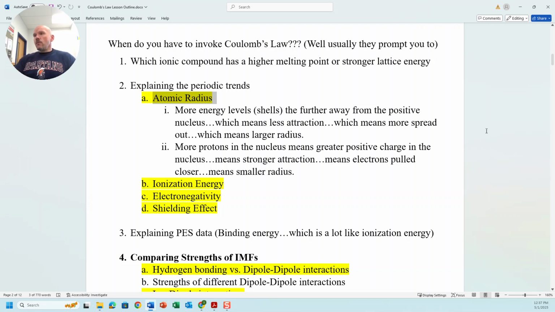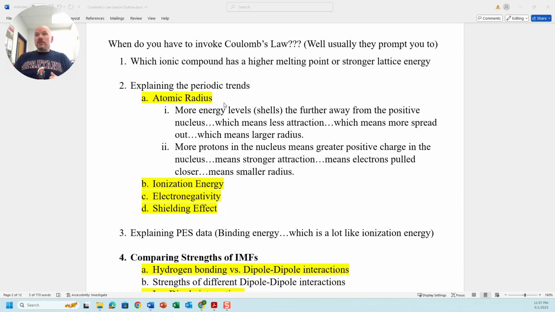So if you have to explain the atomic radius trend, we know it increases going down a group and decreases going across. But why does it increase going down? Because if you go down, you're gaining a lot more protons. As we go down group 1, we're going from 1 proton to 3 protons, 11 protons, 19 protons.